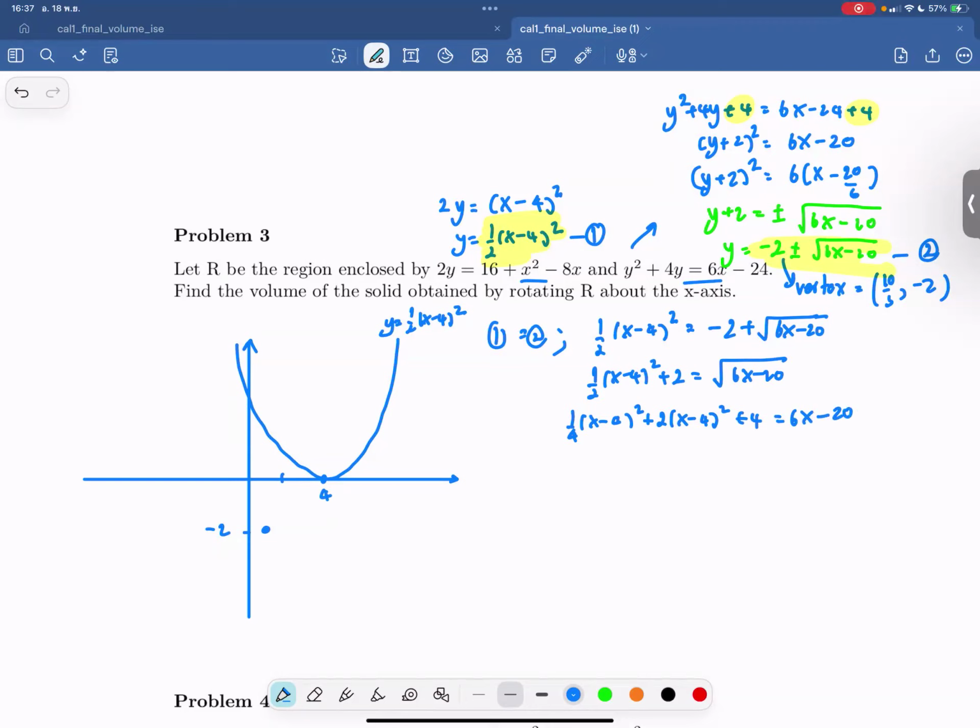Okay, and then by adjusting this equation, we may get 8, 4, 16, 24x, and then 80.